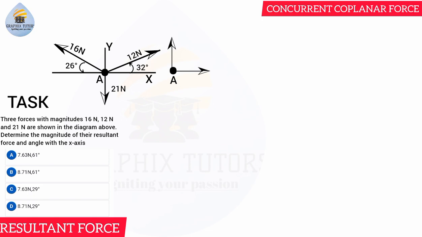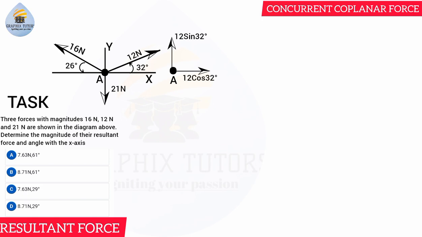Now, one thing you should have in mind is, as long as the force is inclined to the x-axis, the vertical component is sine and the horizontal component is cos. What I mean is, since the 12 Newton is inclined at 32 degree to the x-axis, the vertical component here will be 12 sine 32 and the horizontal component will be 12 cos 32.